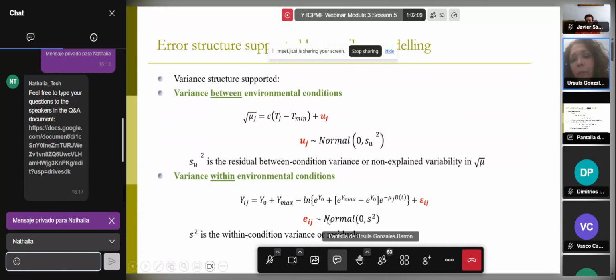Now this is your primary model and you have an error. But now this error is not a random effect. This error is the residuals. So this is the proper error. U is a random effect and e is the error. Again, the assumption is that it follows a normal distribution with mean 0 and sigma squared as the residual, or within-condition, variance. So in this way, you have errors at two levels. These errors are not correlated.